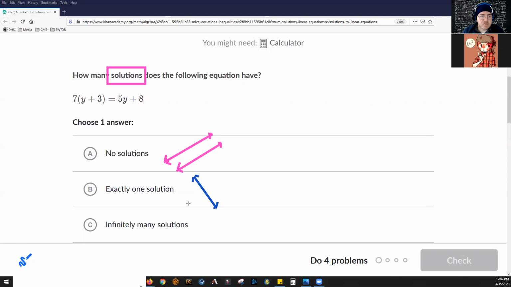But sometimes you'll have two lines that intersect once. So that's what it means by one solution. One solution is the spot where they connect.